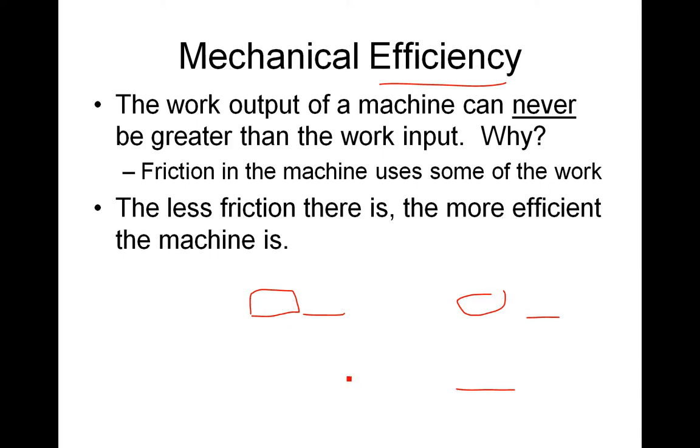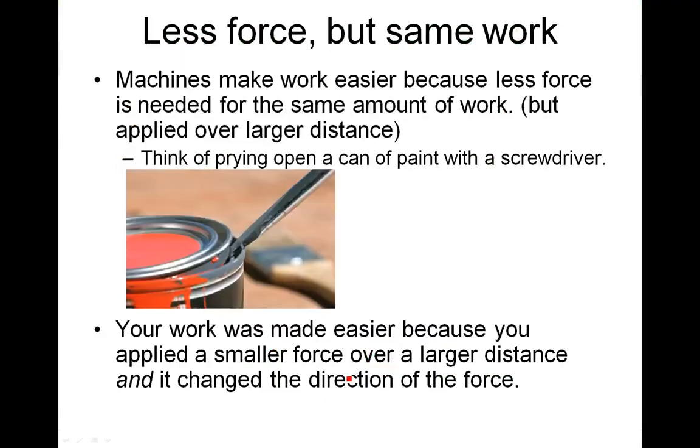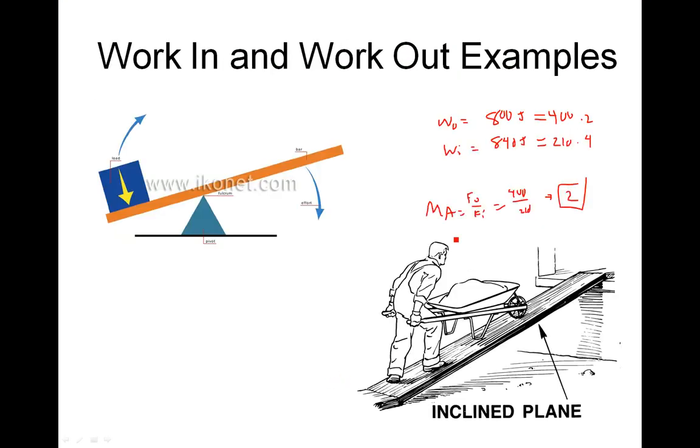So if I go back to that example that I had with the wheelbarrow back here, if I want to find mechanical efficiency for this wheelbarrow, mechanical efficiency is my work out divided by work in times 100.